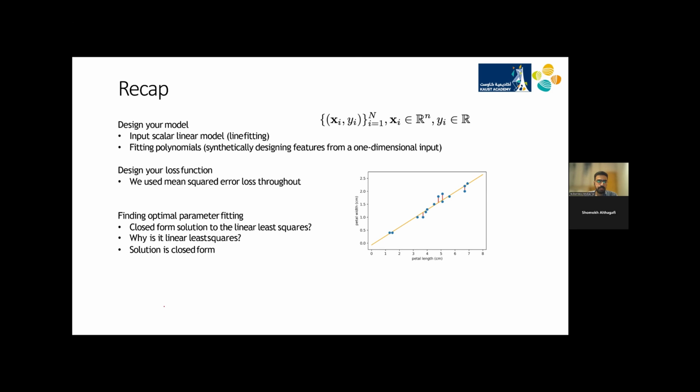Let me go to the pointer mode actually. So basically, we have these data points and we just want a line which best fits these data points.